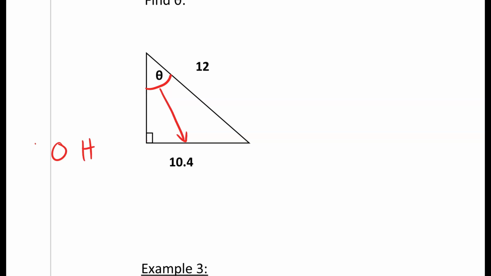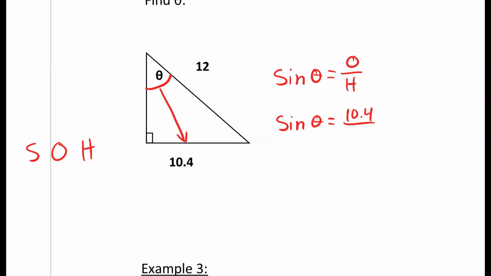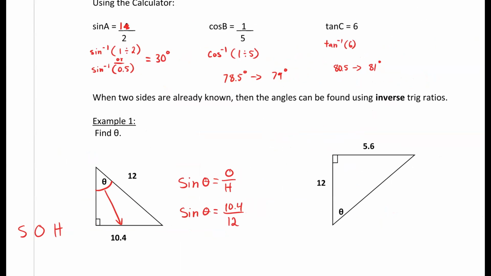Well, that means we're going to be using SOH. So sine equals opposite over hypotenuse. So we have sine theta equals opposite over hypotenuse. So we have sine theta equals, our opposite is 10.4 over our hypotenuse, which is 12. Now we want to do the exact same thing as what we were doing above.